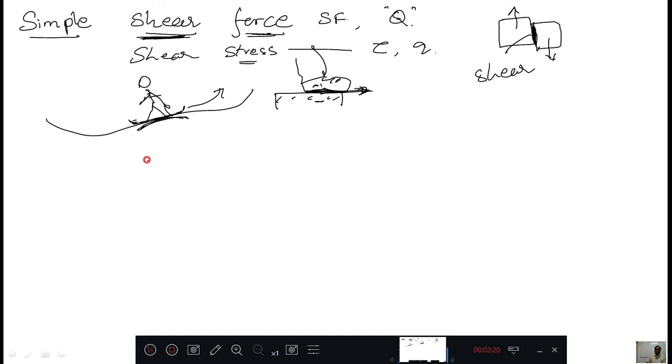For understanding purposes, I will consider one fixed surface and put one block here.